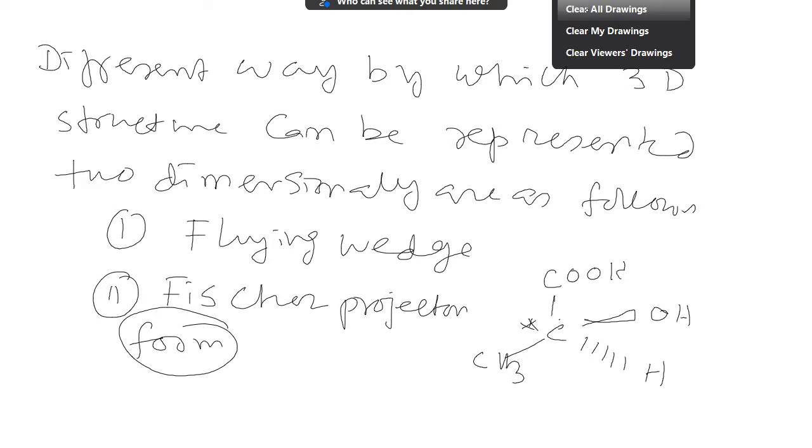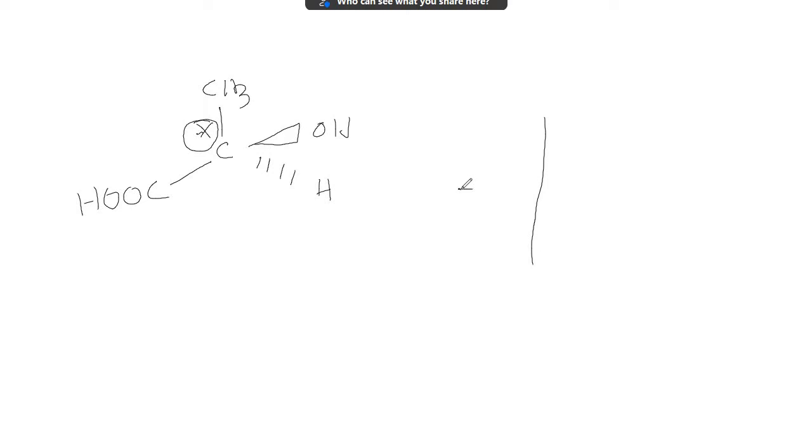Just look here. Suppose it is written this way, so CH3, C, COOH. COOH was written on the top earlier. Suppose it is OH, it is H. It has one chiral carbon. So you should write an intersection between a vertical and a horizontal line to represent the chiral carbon.